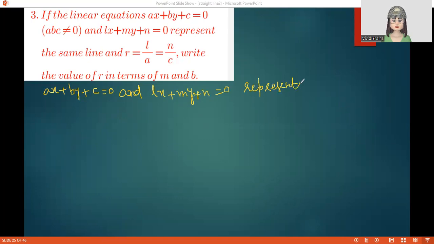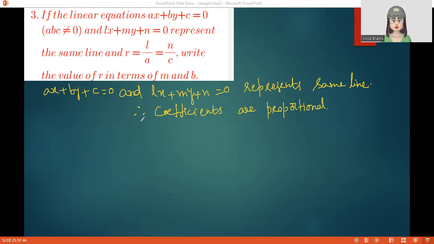So when the two equations represent the same line, we know that the coefficients are proportional.